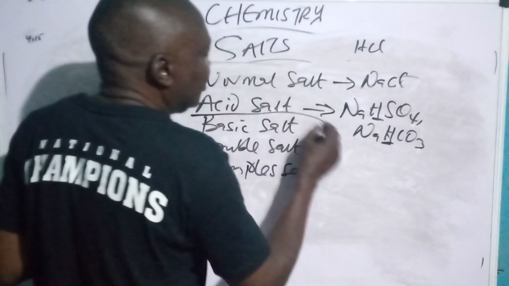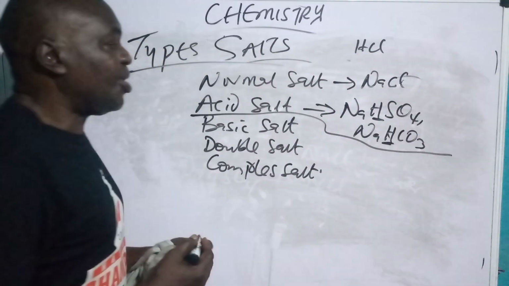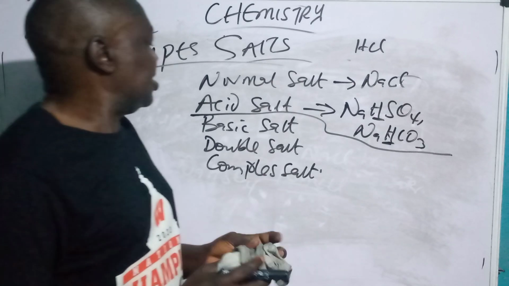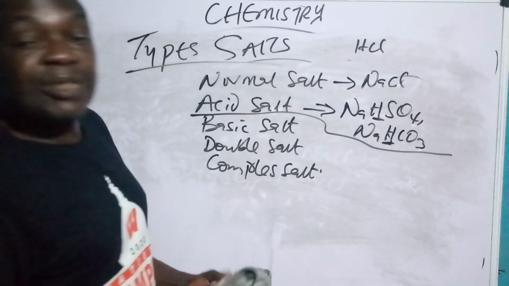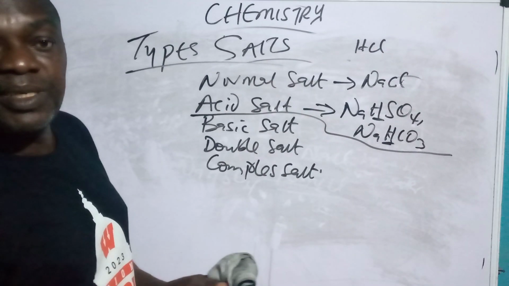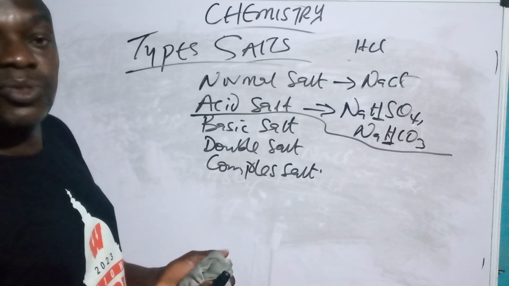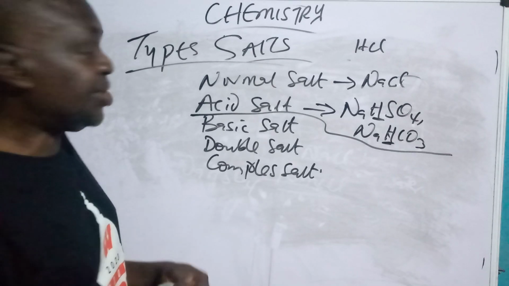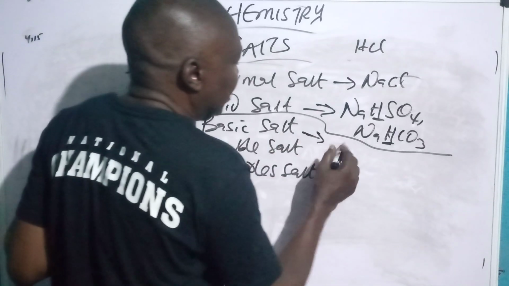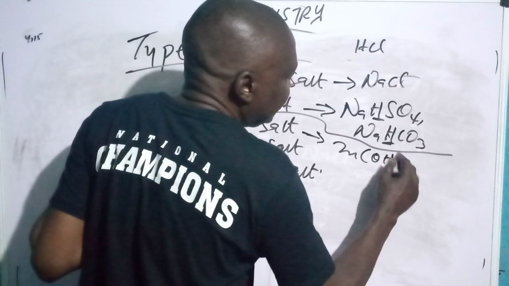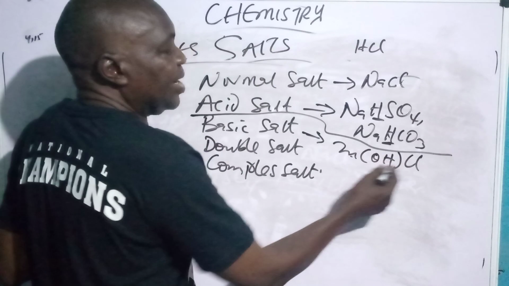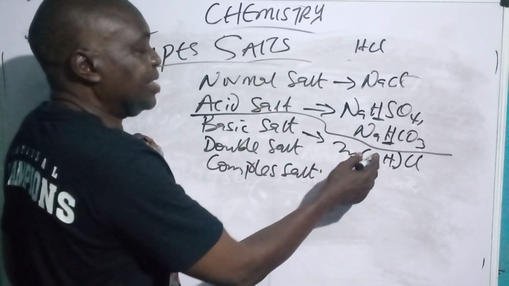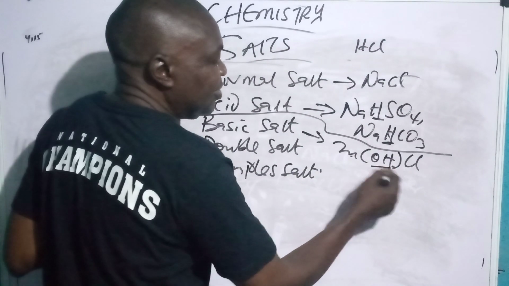We have the basic salt. Basic salt usually occurs when the amount of acid available to react with the base is not sufficient to cause complete neutralization. An example is ZnOHCl, zinc chloride hydroxide. You can see you are still having OH in it.